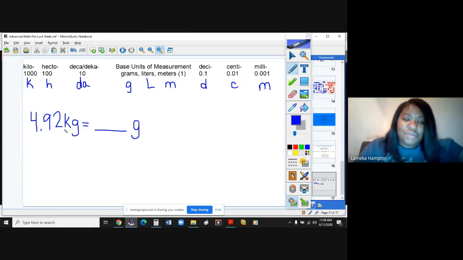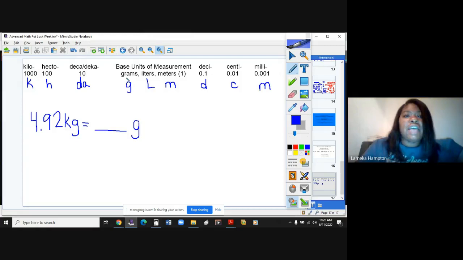Moving your decimal is so simple. It's the easiest thing in the world, and I'm serious when I say that. I am going from kilo all the way to regular grams. So I am simply going to move 1, 2, 3.